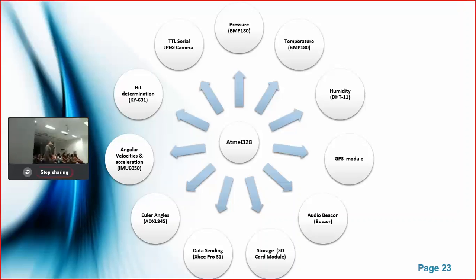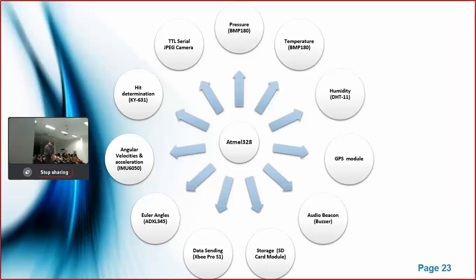Actually, these sensors are not essential for every CANSAT. We use them because we have some categories that we must satisfy in some competitions, like the Texas competition, the RLS competition, and the Iran competition. The first thing that we have is data acquisition.